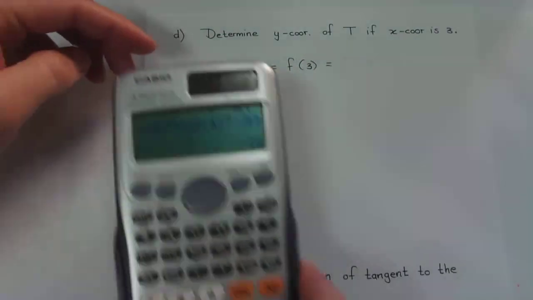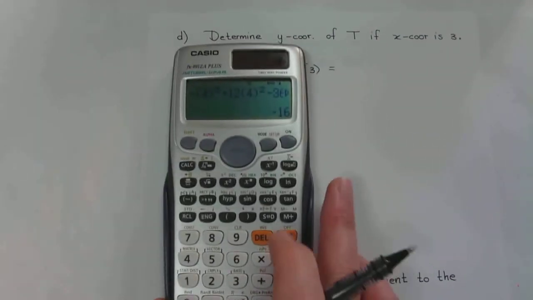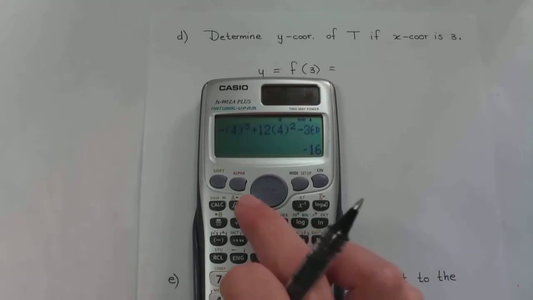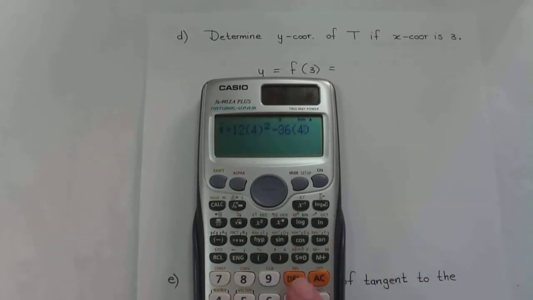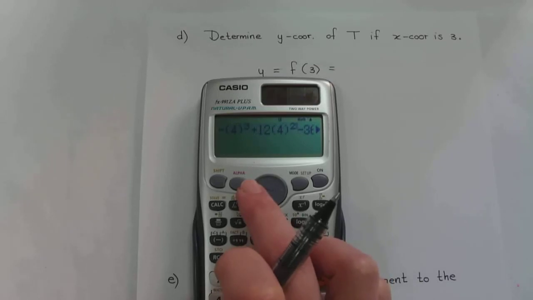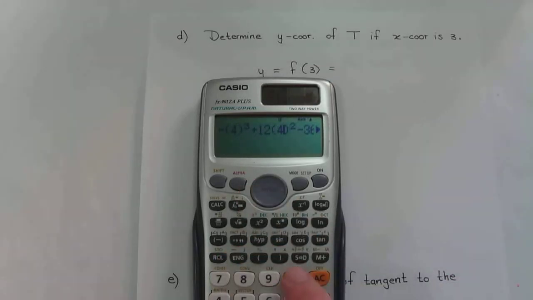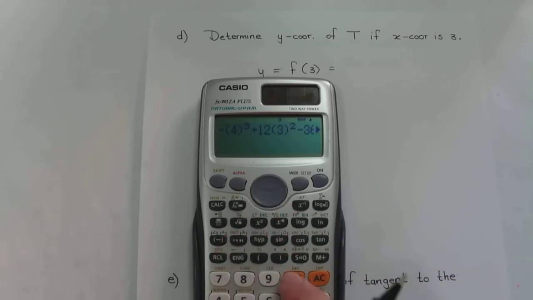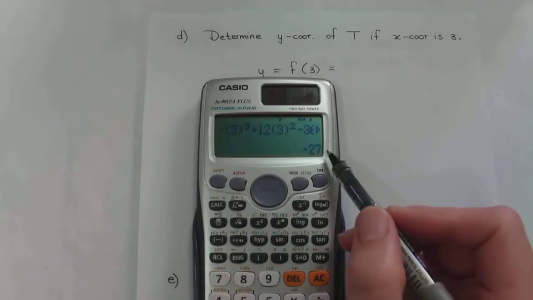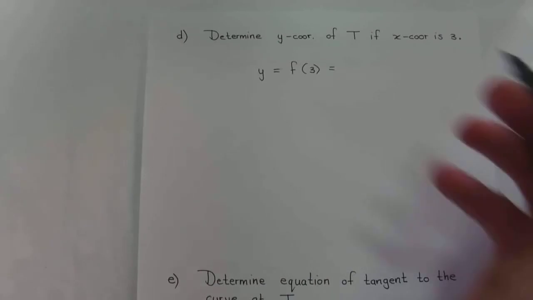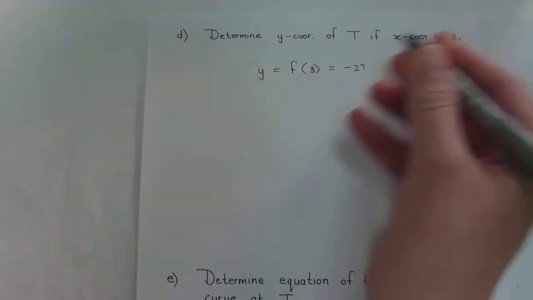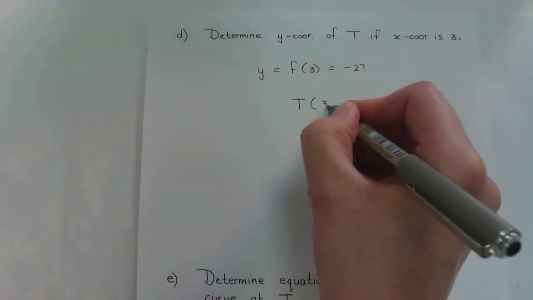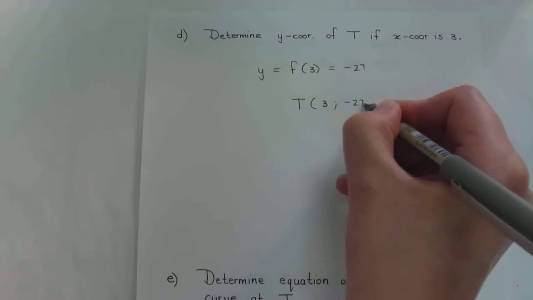Now again, I should still have it on my calculator, so I can just scroll back, and where I typed in 4 previously to find the point of inflection, I can now type in 3 to get the y-coordinate of that other point, which speeds things up quite nicely. So it's going to be negative 27, which means T is the point 3, negative 27.